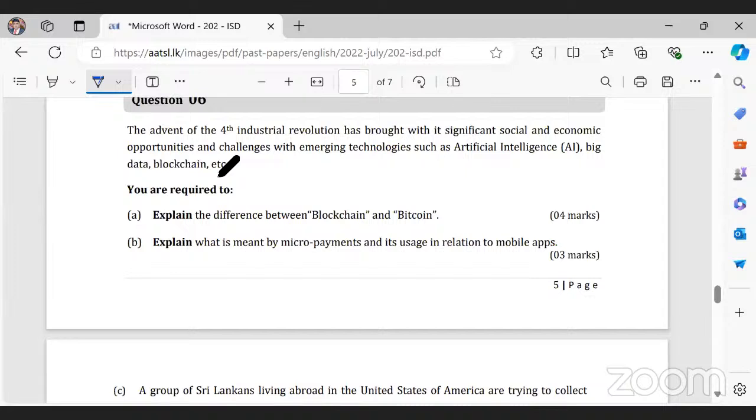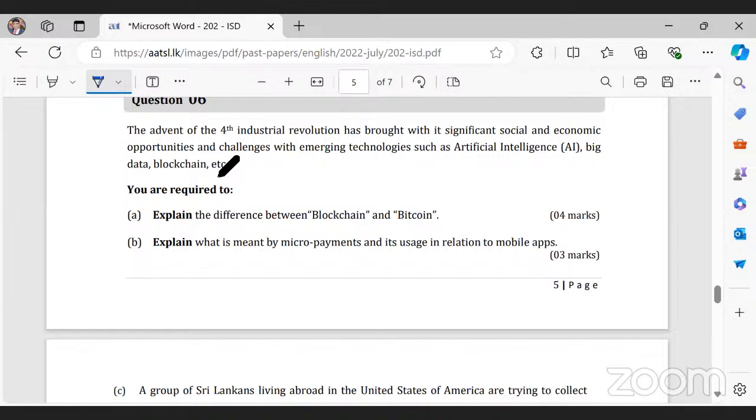or rupees. They are particularly relevant in the context of digital goods and services, where traditional payment systems may not be efficient for such small amounts, right?